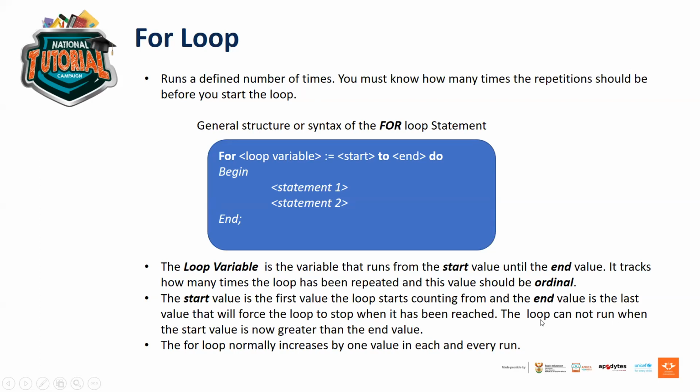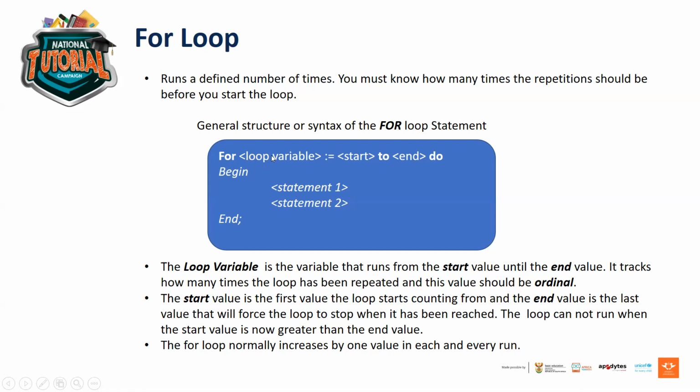The loop cannot run when the start value is greater than the end value. So this is your limit, and this is your starting position. The for loop normally increases by 1 in each and every run.